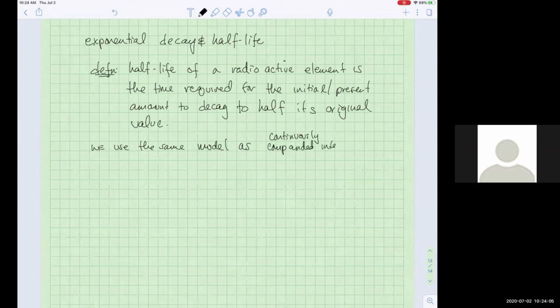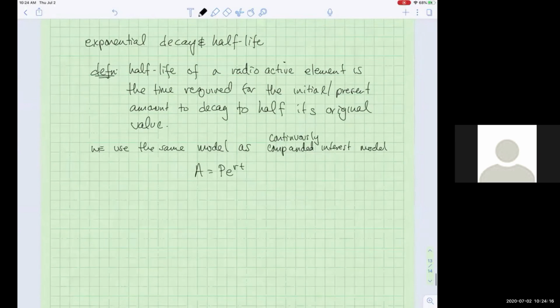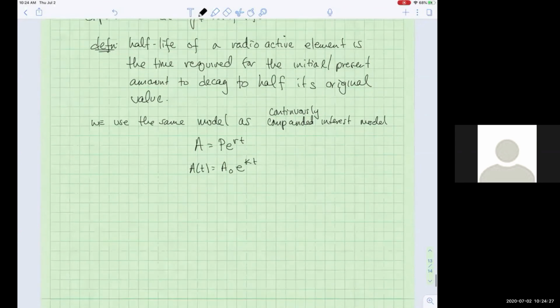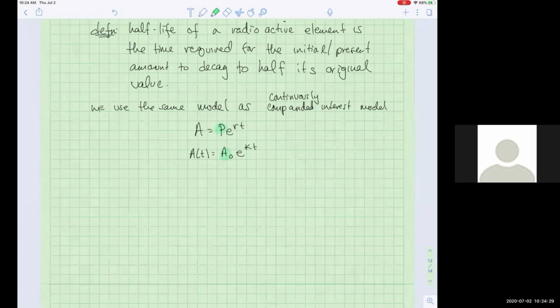The continually compounded interest model was A equals P e to the RT. The book uses a slightly different formula. They say this is A of T is equal to A naught e to the KT. So they use different letters, but don't let them fool you. P is A naught. It's the initial amount, and the interest rate and the decay rate are R versus K.